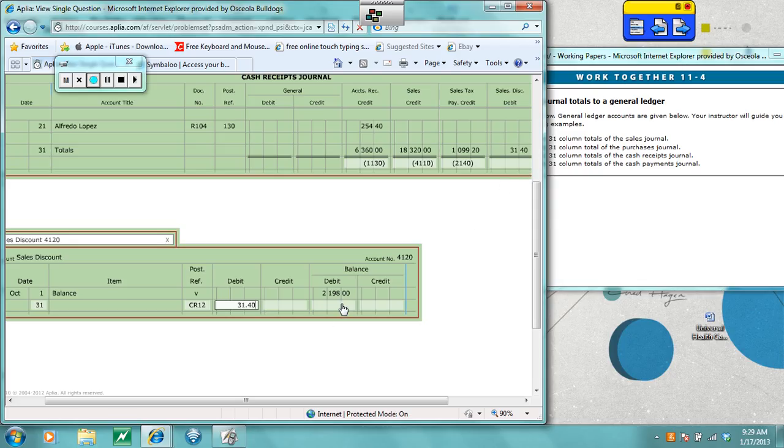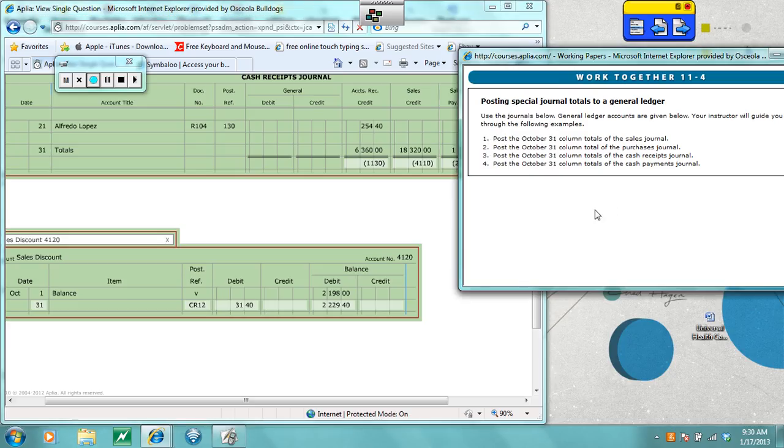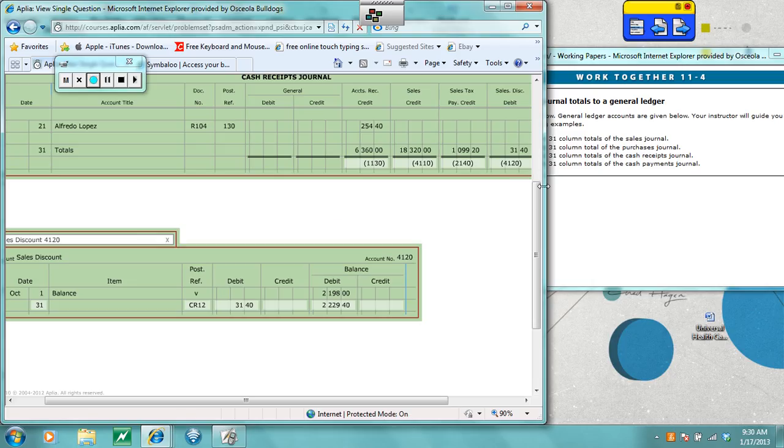A debit plus a debit equals a bigger debit. You're adding. Account number, parentheses. Okay. Next step, cash receipts journal.